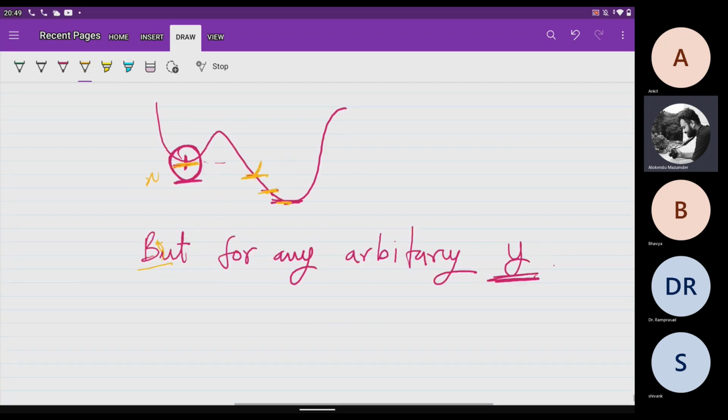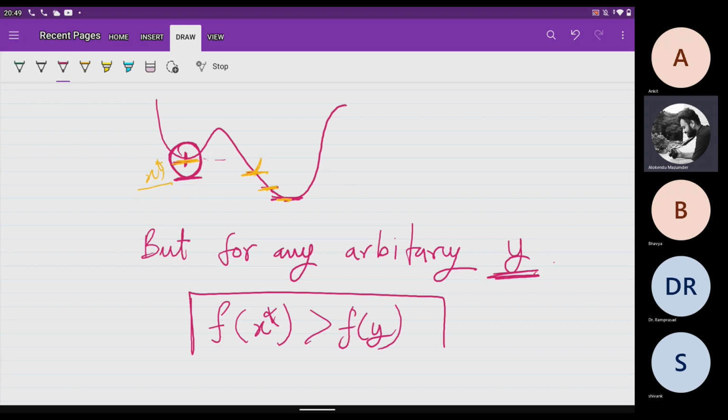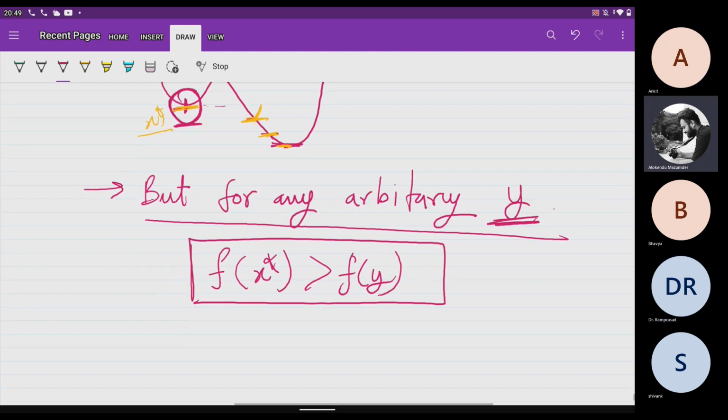So for every arbitrary y, I can write f(x star) is greater than f(y), correct? Do you understand this step? Yes. So for any arbitrary y, f(x star) should be greater than f(y), for any of the y.